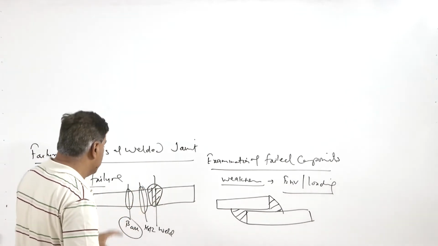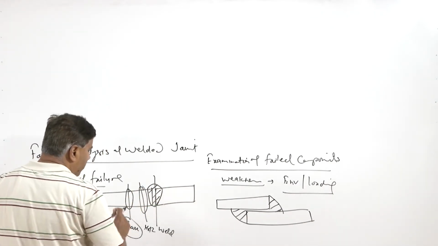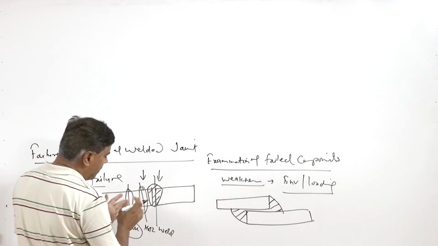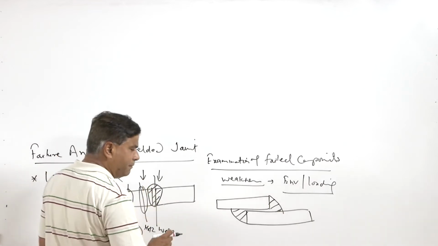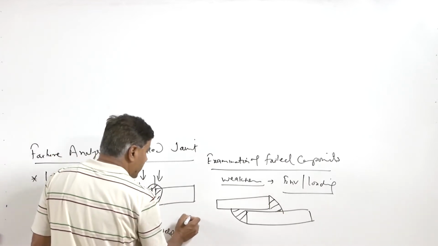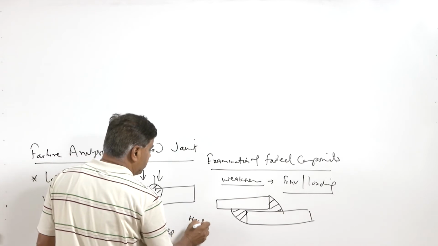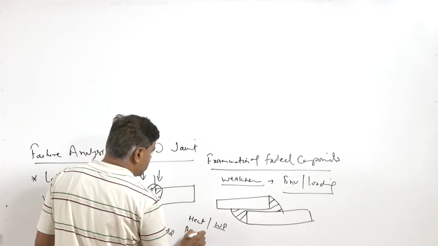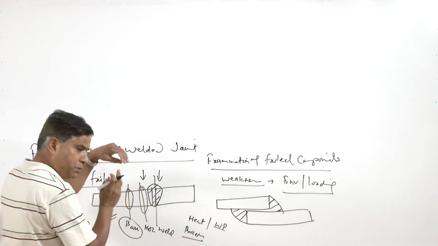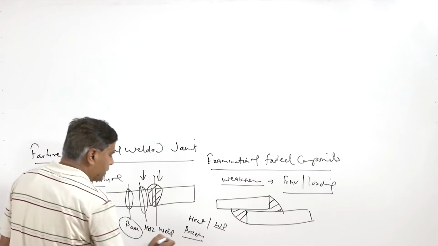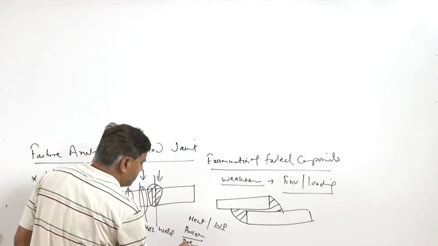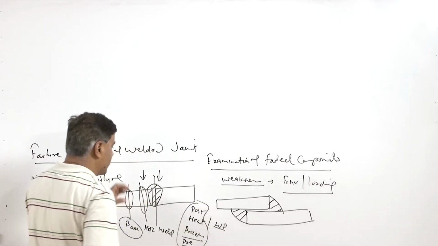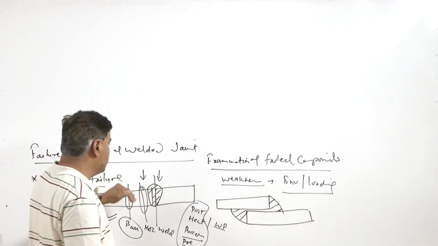But if the failure is occurring from the heat affected zone or from the weld metal, then of course we need to see the kind of heat input used, based on the welding parameters, or the kind of welding process used, because of which the heat affected zone has been formed, or the kind of preheating used or post weld heat treatment carried out, which has adversely affected the properties of the heat affected zone.